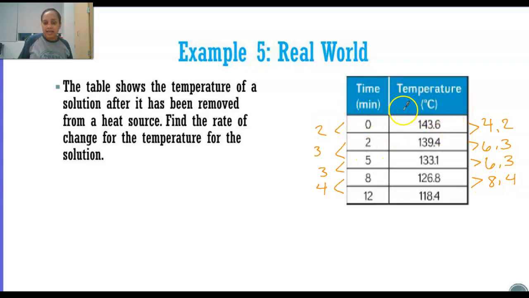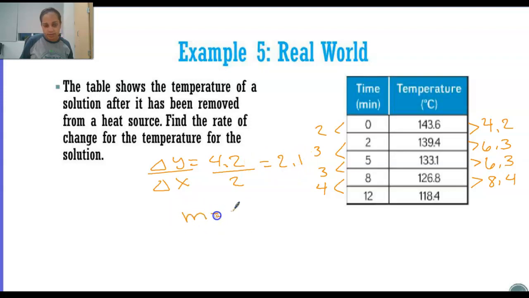So in this case, I'm going to just use whatever is easiest for me, which would probably be this first set, 4.2 over 2. The change in y is 4.2. The change in x is 2. And I would go ahead and reduce that if I could. So I would get 2.1.